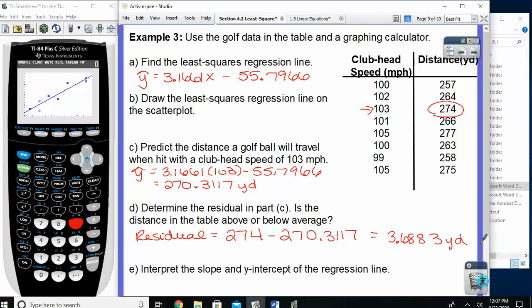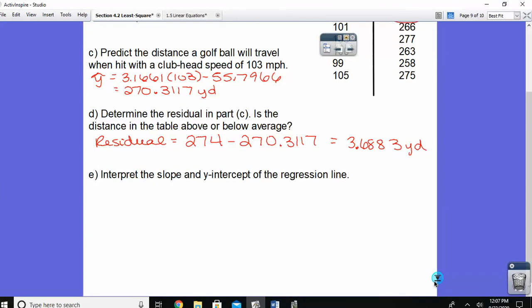Last question, interpret the slope and y-intercept. When I ask you to do this, I expect to see numbers and units when you're doing it. So if I am looking at this, my slope of my equation was the 3.1661, right? So the ball will travel... think about your units.